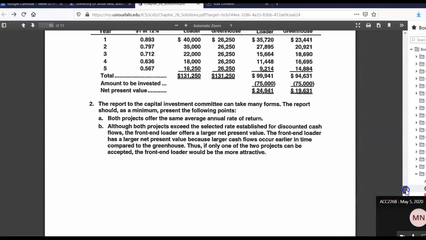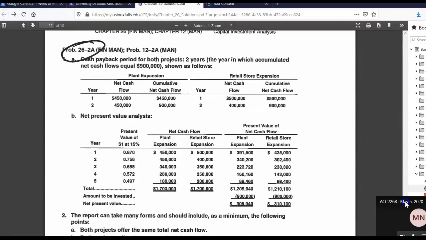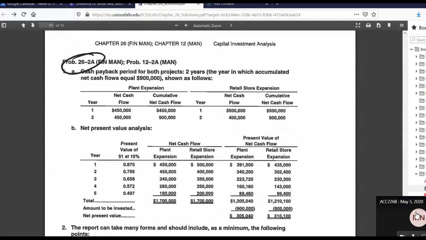All right, then problem 2A. 2A, they actually ask you to do a cash payback and a net present value. Well, cash payback is really kind of unrealistic, but this plant expansion pays itself back $450 each year for a $900,000 investment. Takes 2 years to pay itself back. The retail store, it also does a nice round, 500 in year 1, 400 in year 2.